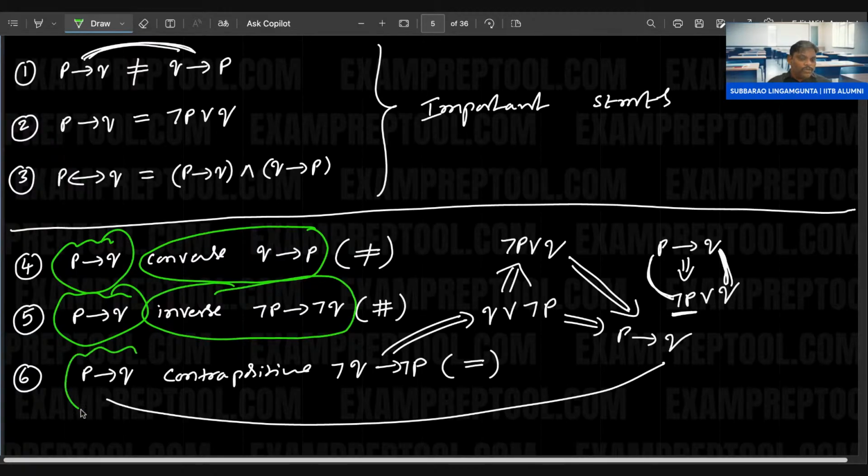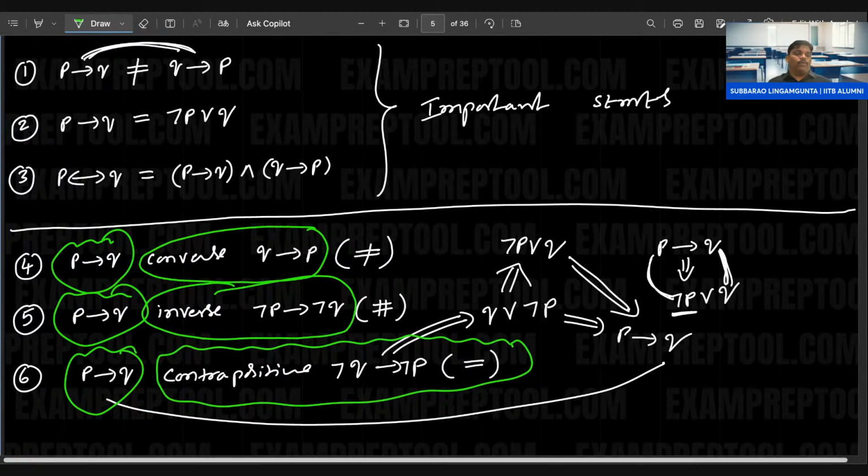P implies Q: first do the converse, then do the negation. It's going to be the contrapositive, and remember these two are equal.